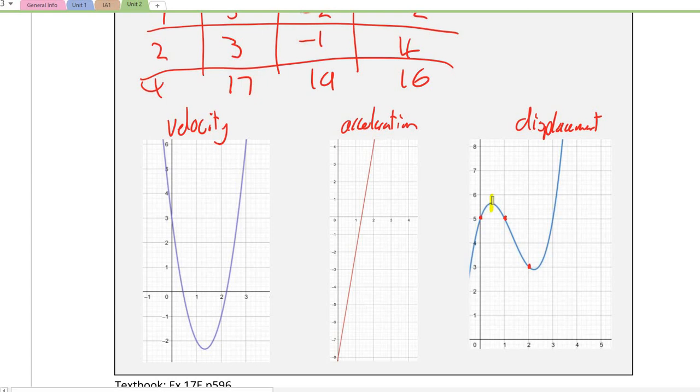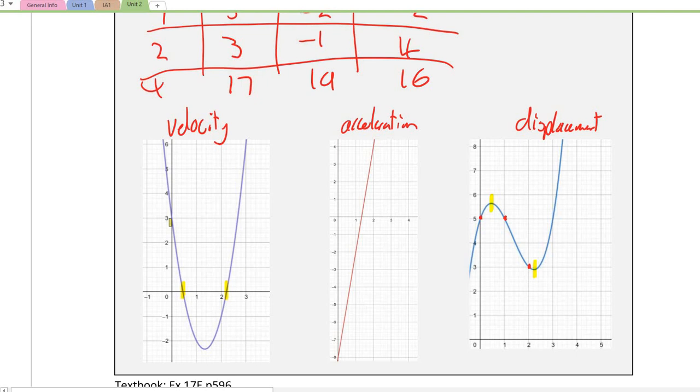Now, at that point, what is the rate of change? Zero at a turning point. If we look at our velocity function, at a half, what's the height of it? If we look at our other turning point at 2 and a bit, we look at our velocity graph, see they match up? This is just showing us the rate of change.